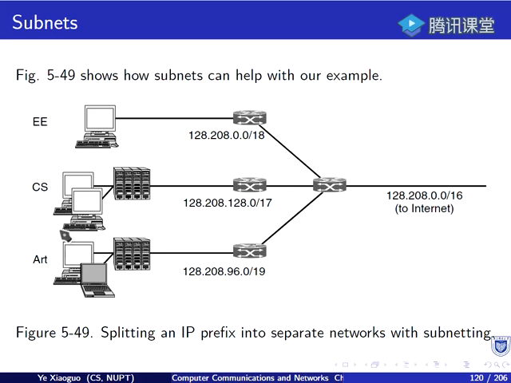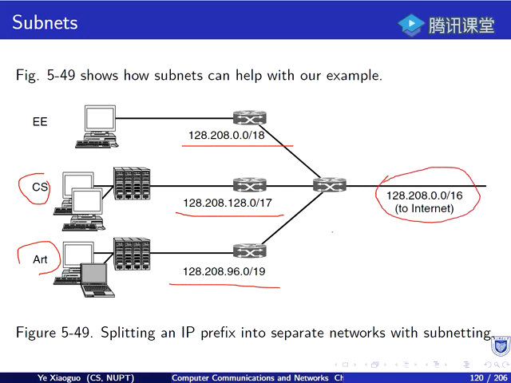So, for example, this is the computer science department with this subnet. The EE department has this. The art department has this. The three subnets all belong to the original network block with the prefix of /16.